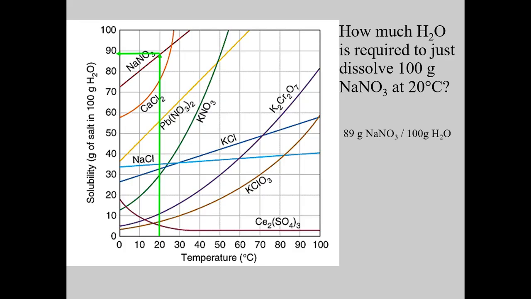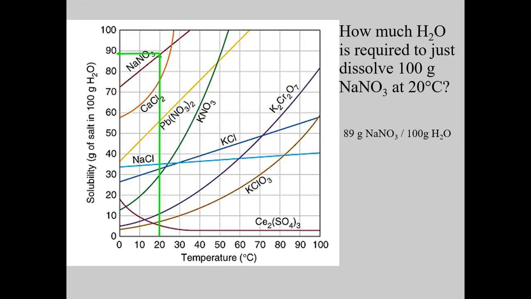And I see that I have, we'll call it 89 grams of sodium nitrate will dissolve in 100 grams of water. Now, we want to dissolve 100 grams of sodium nitrate. So we're going to need more water than 100 mils or 100 grams. Let's do a little conversion factors and dimensional analysis to figure out how much.